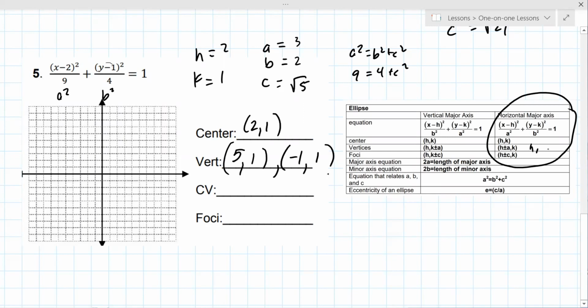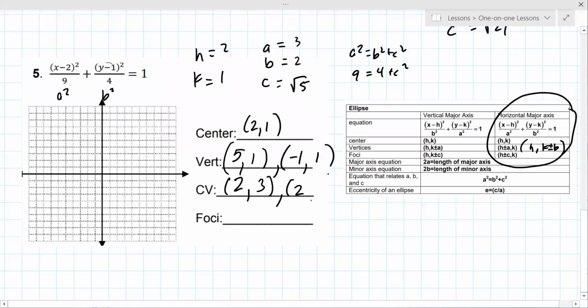It's H, comma, K plus or minus B. This formula sheet does not have the co-vertices on it for some reason. But we have H, our H is 2, comma, K, 1 plus 2, that's 3, comma, 2, comma, 1 minus 2, which is minus 1. So those are your boundaries of this.